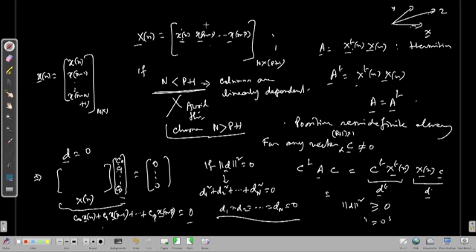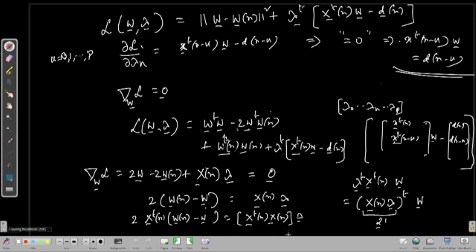That is a reasonable assumption. But if n is less than p plus 1, you cannot make that assumption, because every column vector is in an n dimensional space, but the total number of column vectors is p plus 1, which is more than n. So when capital N basis vectors are taken out, there are still extra vectors left. They can be written as a linear combination of those basis vectors. This is important.